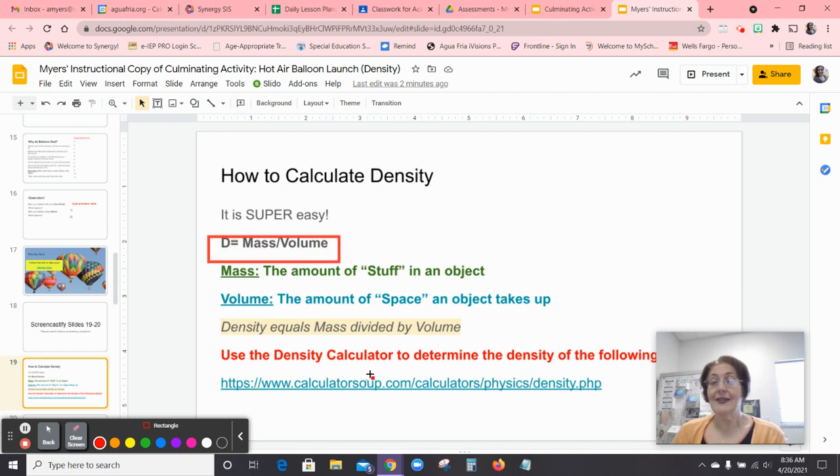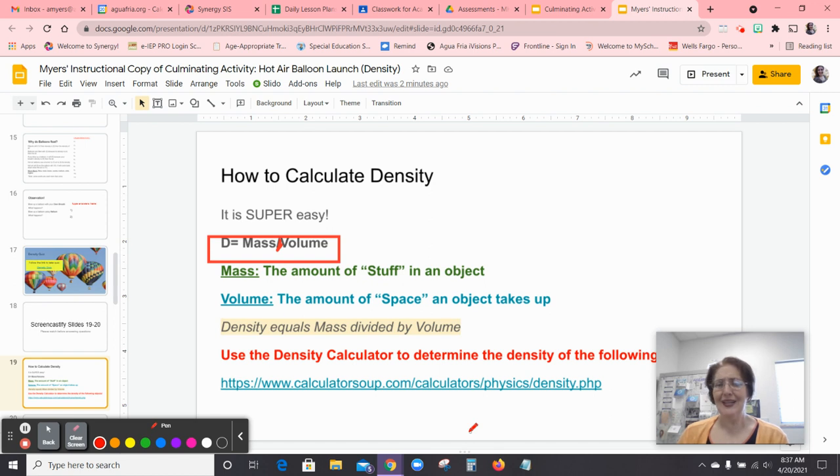It's density, which is the D, equals mass divided by... this little slashy line right here is the divided sign. That's another way that we can write divided by. So density equals mass.